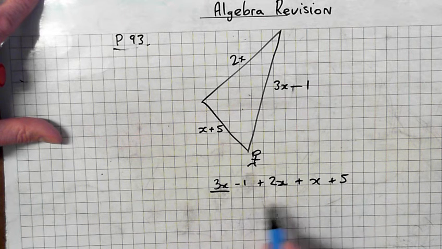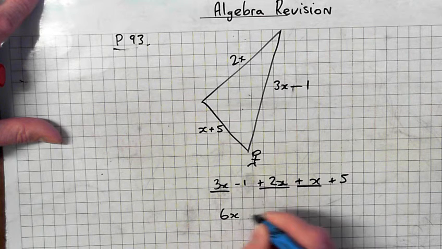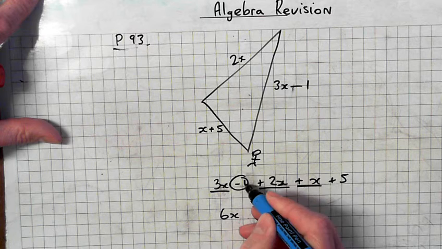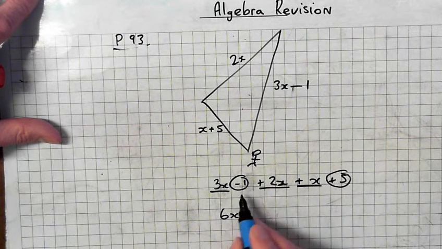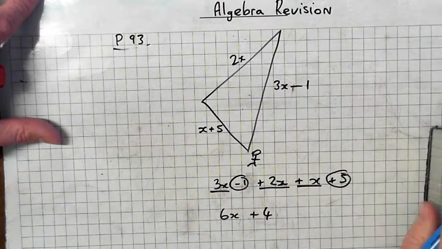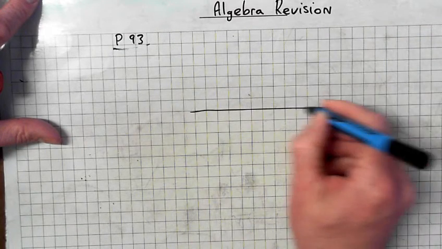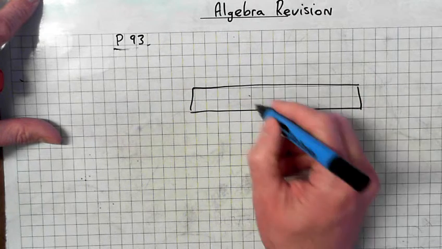Right, so underline the x's. 6x. Put a circle. Remember, when you're putting a circle around the numbers, include the sign in front. Because that's minus 1. That's 4. Right. Isn't that a lot easier when you mark them? Yeah. Alright, so the next one. We have these pyramids.